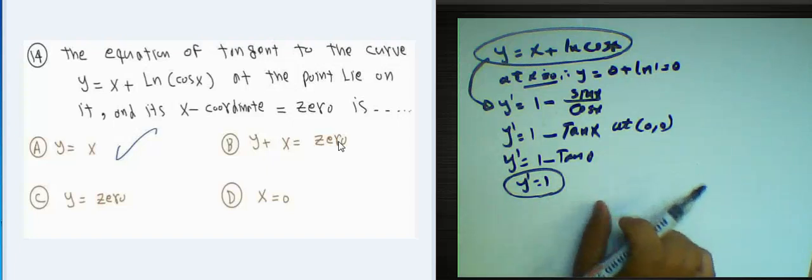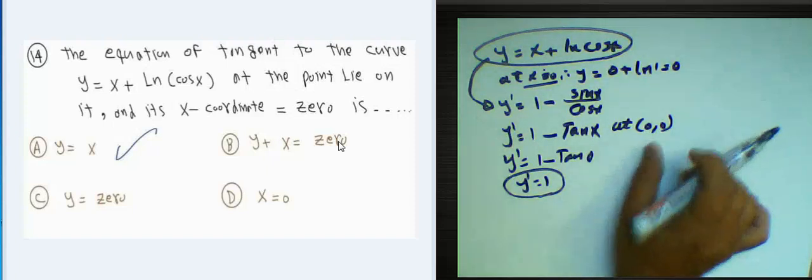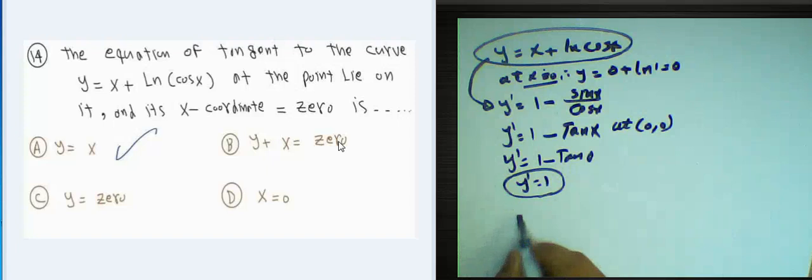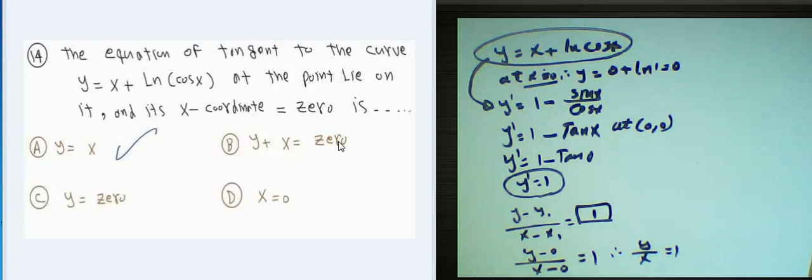Then the equation of the tangent to the curve at the point (0, 0): we use the equation of a straight line, y minus 0 over x minus 0 equals the slope, which is 1, then y over x equals 1, then y will be equal to x.